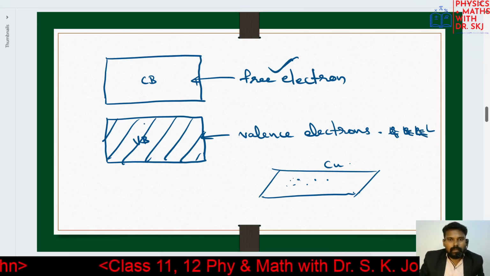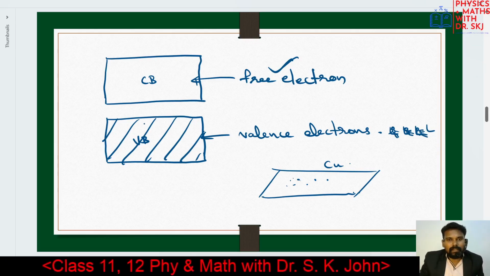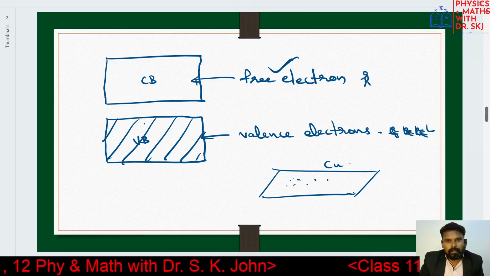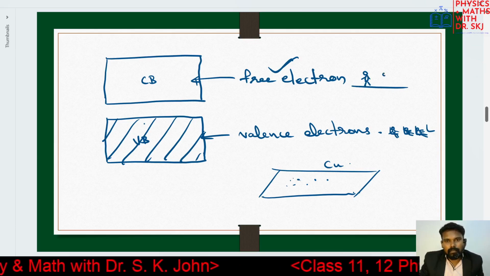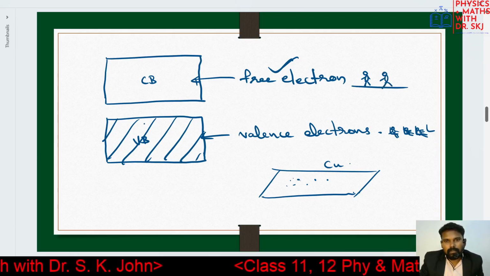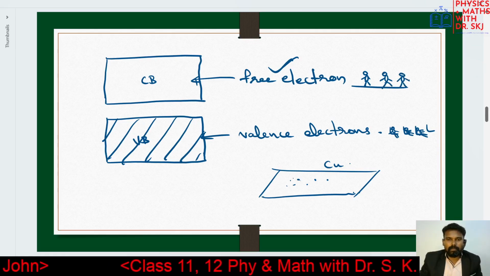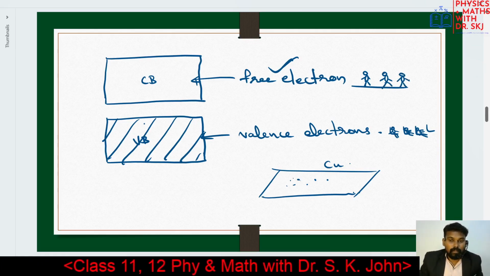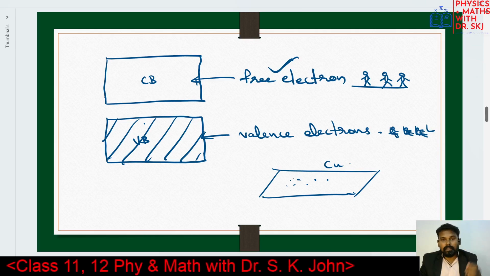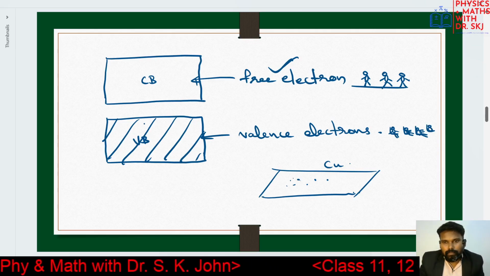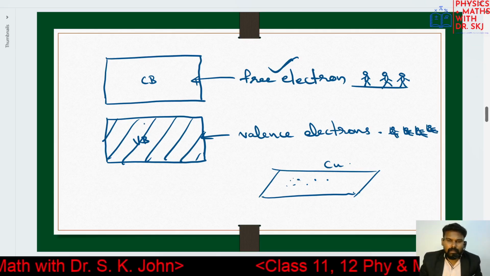So the free electrons are the people who are standing in a bus. They can move anywhere if there is space. But here, these electrons are fixed.